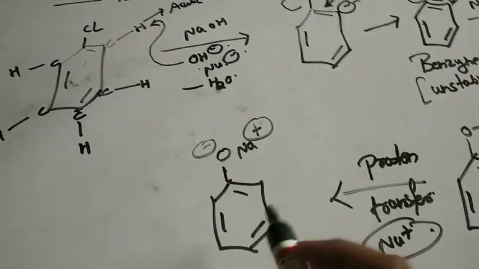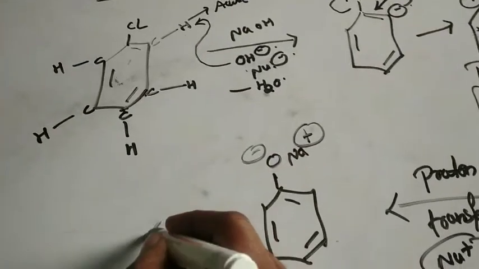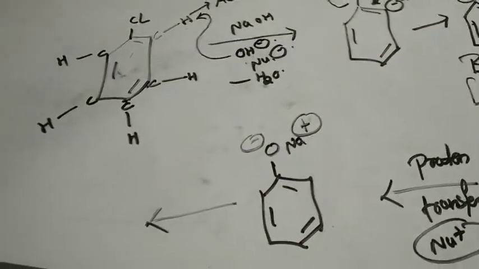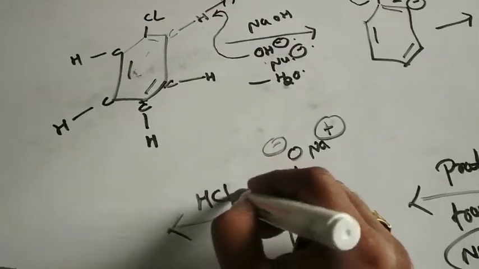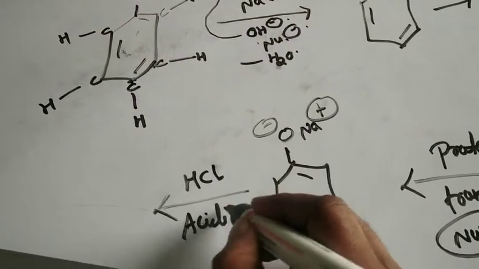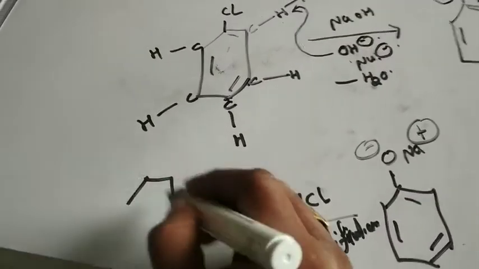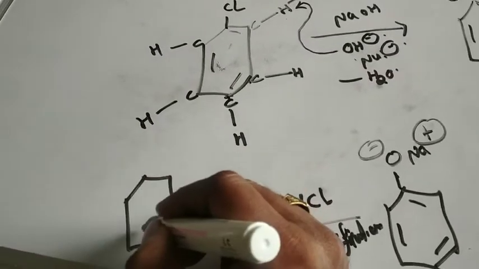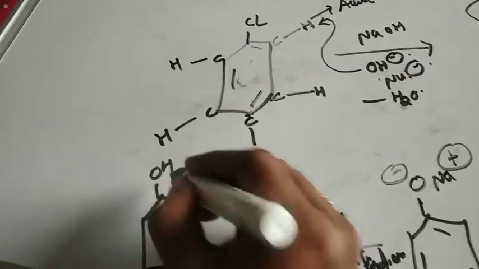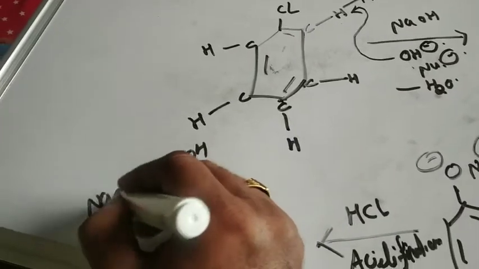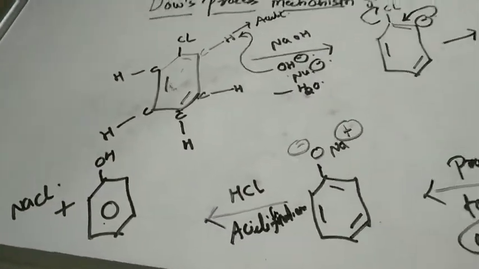Okay, now it is very simple. We got a sodium phenoxide. To this sodium phenoxide, now acidification takes place and we'll get the phenol. OH plus NaCl will be eliminated in the reaction, right?